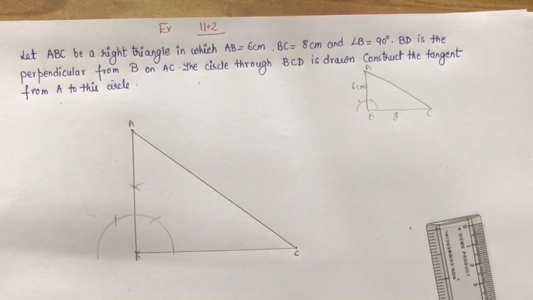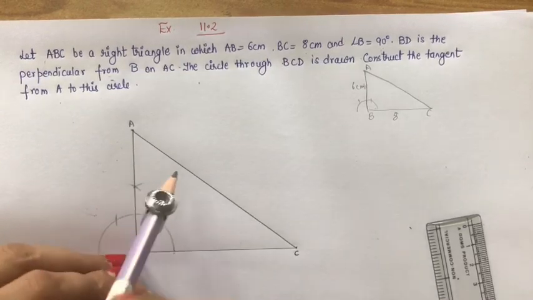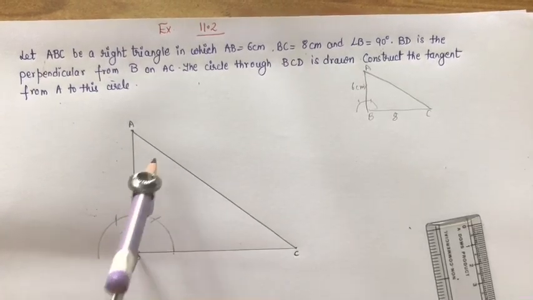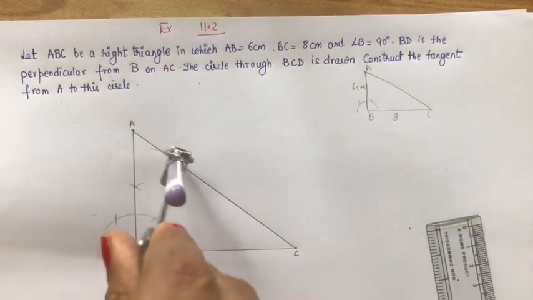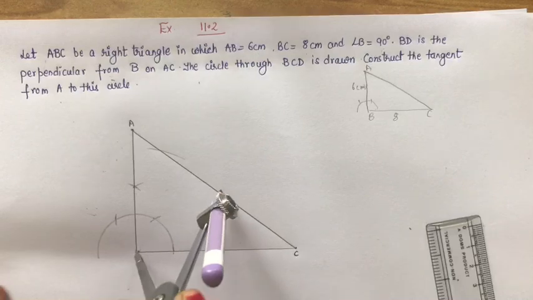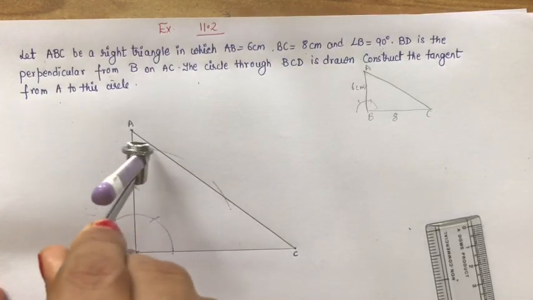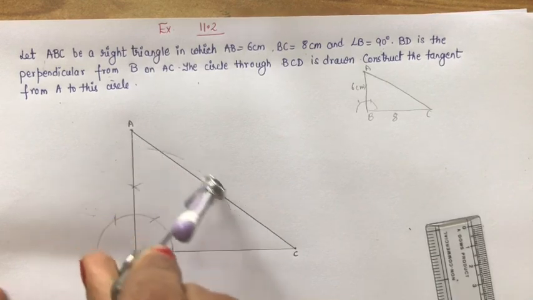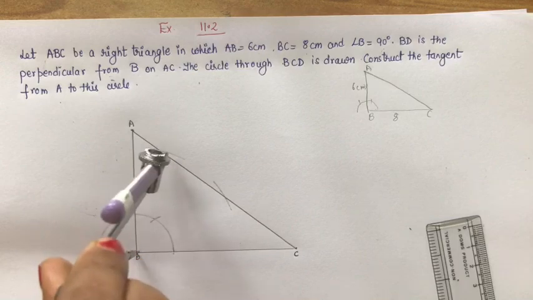So what is the step you are going to follow? Just try to understand. We'll keep the compass at B. Keeping the compass at B, mark an arc here on this line, cut this line AC on 2 points. It is same as drawing this arc, okay? Or you can draw the complete arc also. So what I have done, I have cut 2 arcs.